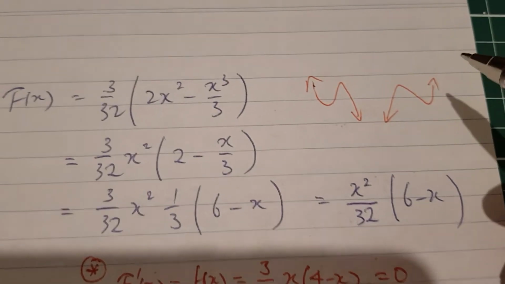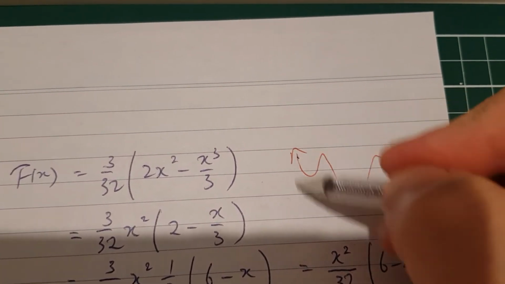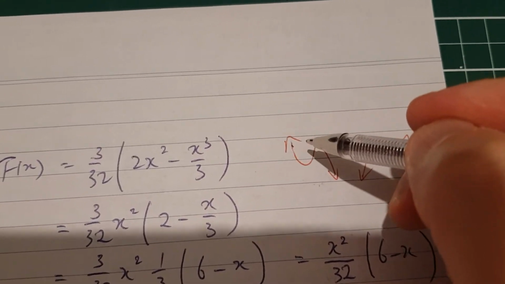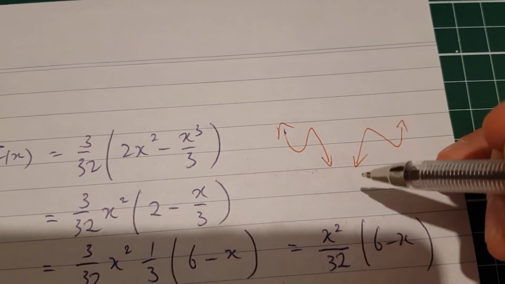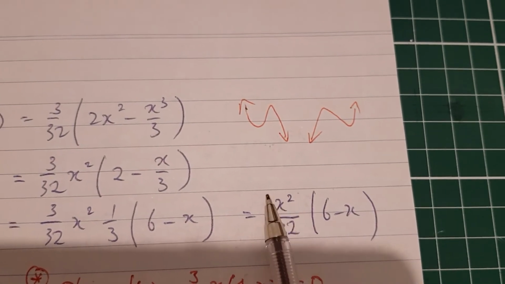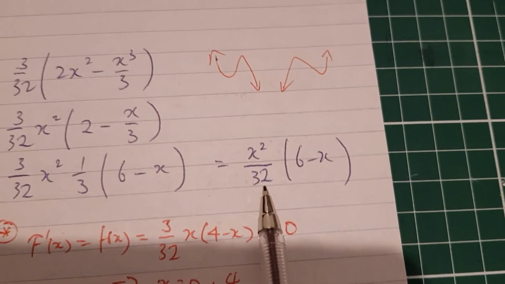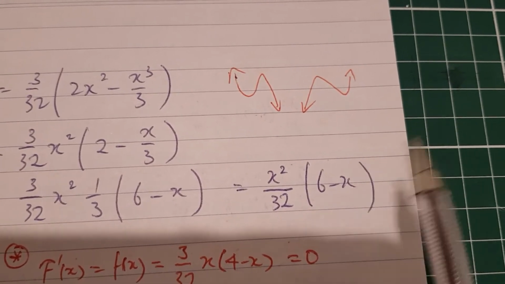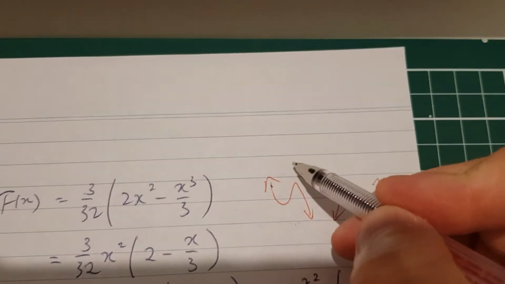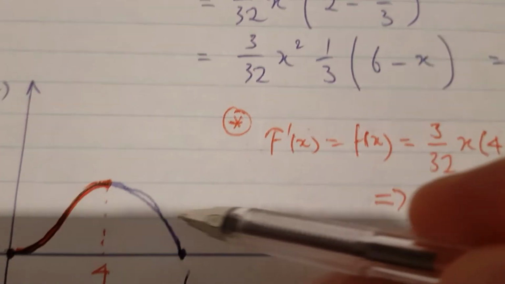Now, this happens when the leading coefficient, that is the coefficient of x cubed, is less than 0. Here the leading coefficient is minus 1 on 32, because that minus 1 on 32 is the coefficient for x cubed, which is the leading term. So hence it takes this cubic shape, and it's going to be like that.